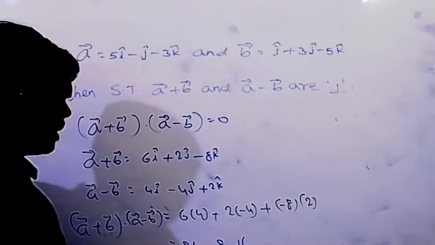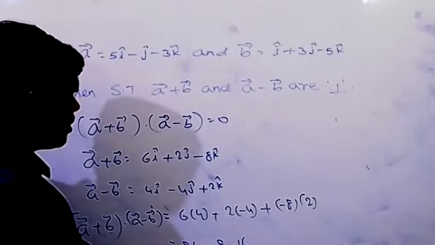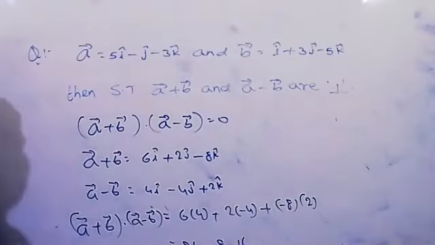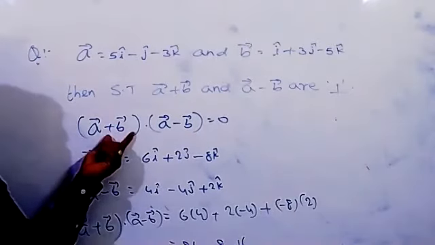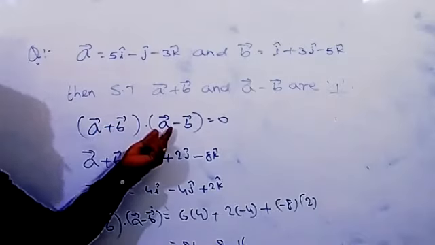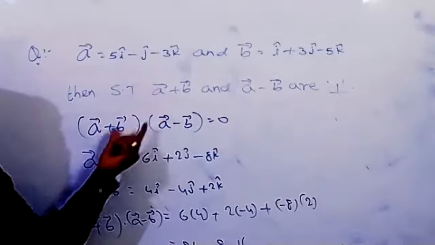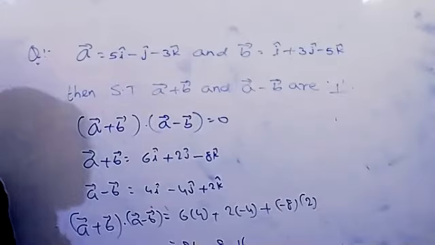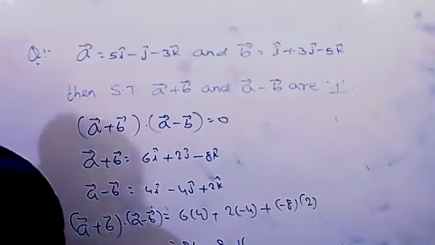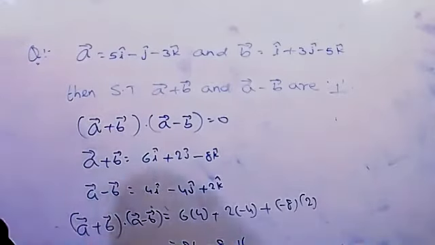So 24 minus 24 is equal to 0. The dot product is equal to 0. So clearly we can say a plus b and a minus b are perpendicular to each other. One of the important models, you should remember that.